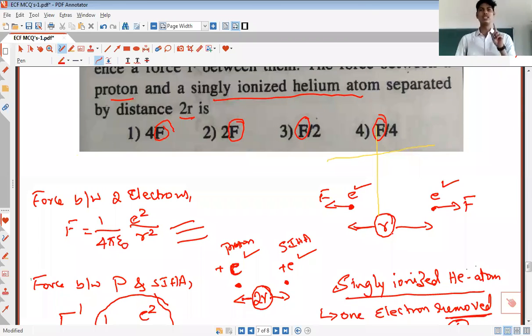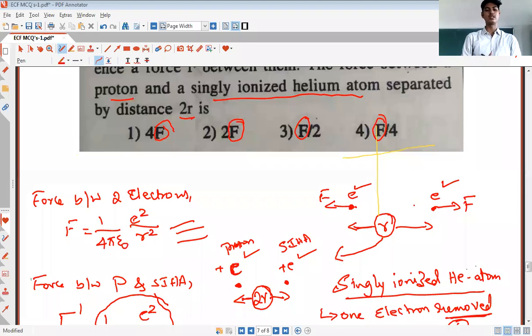What happened to the distance between the charged particles from electrons to proton and singly ionized helium atom? Charge is the same.